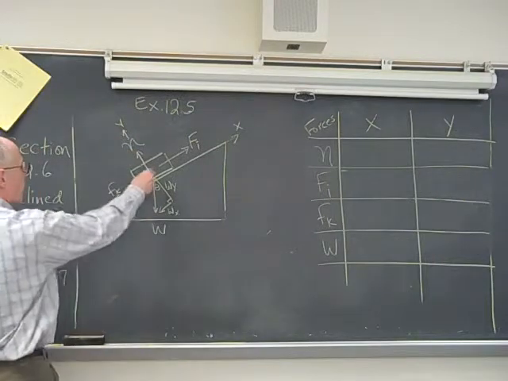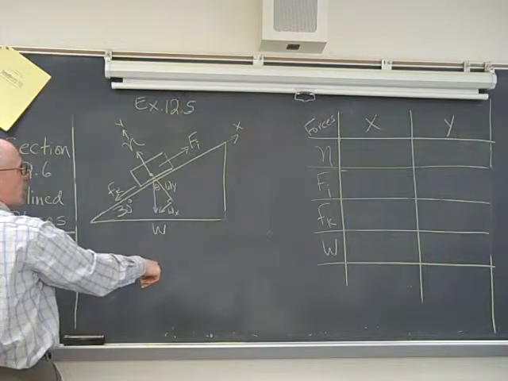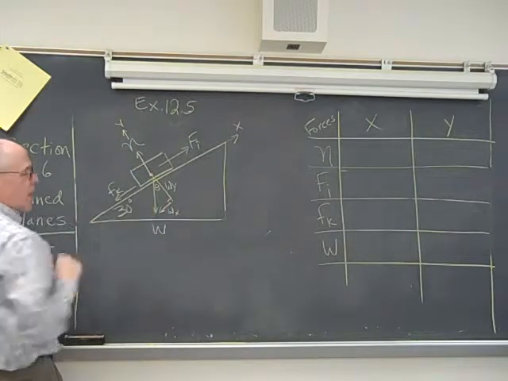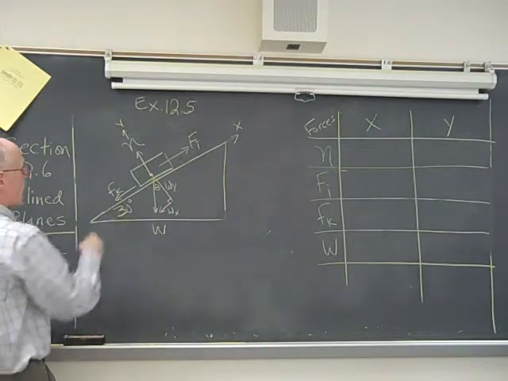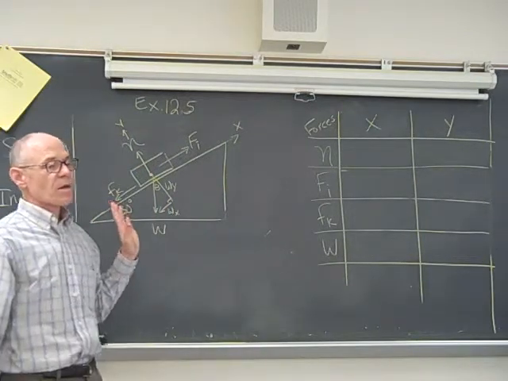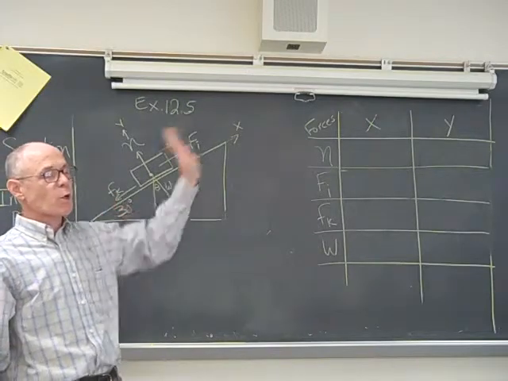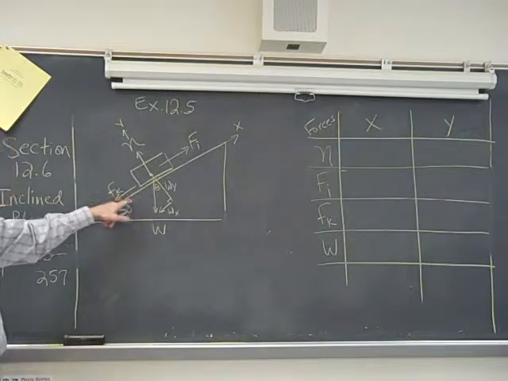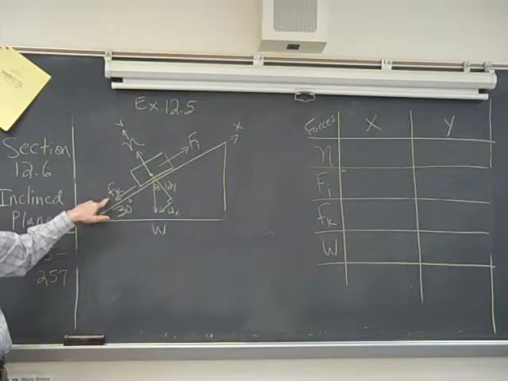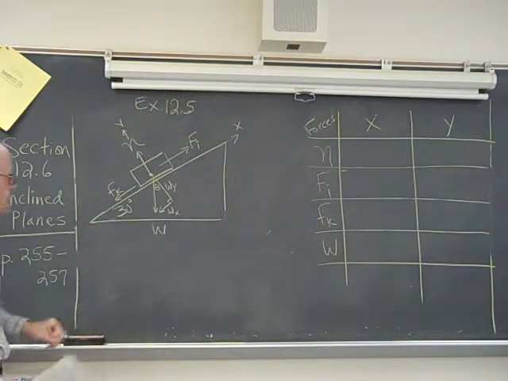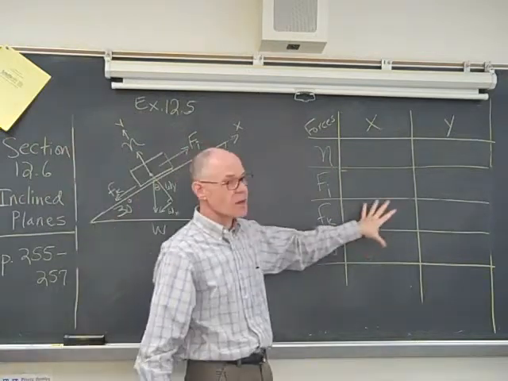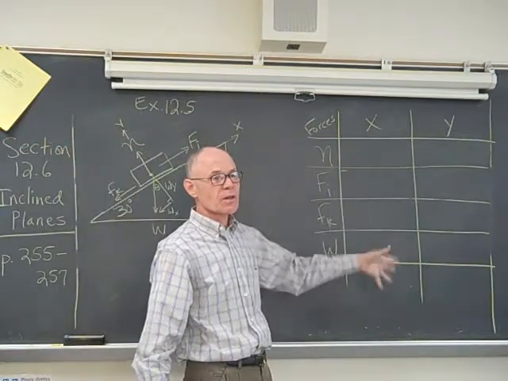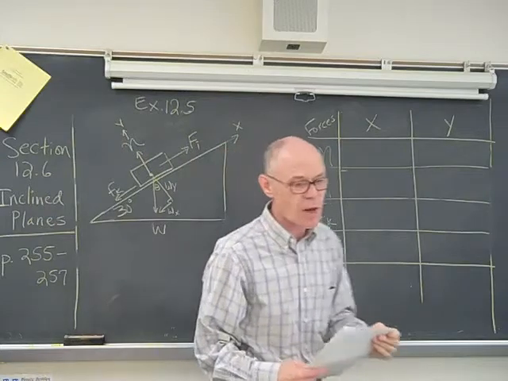You have the weight of the object straight down and then resolved into its x and y components. And this is a case where the object is being pushed up the ramp and it's in motion. So the friction force that's opposing motion is kinetic friction. And we already have our table built, so we can fill in our table to help solve this problem.